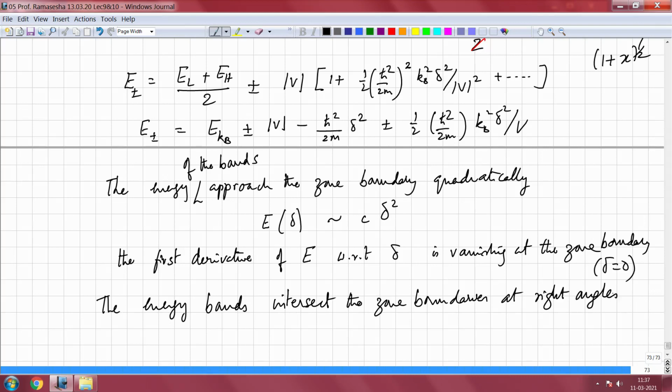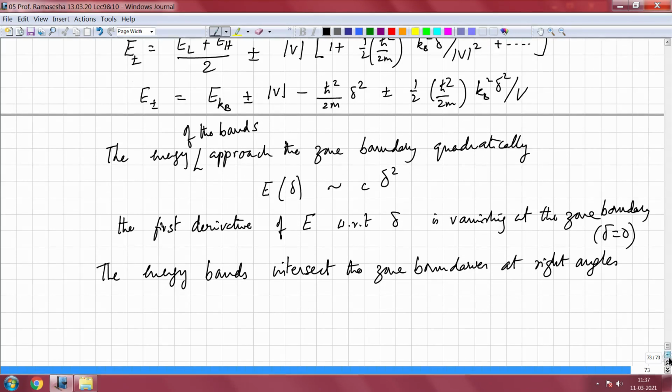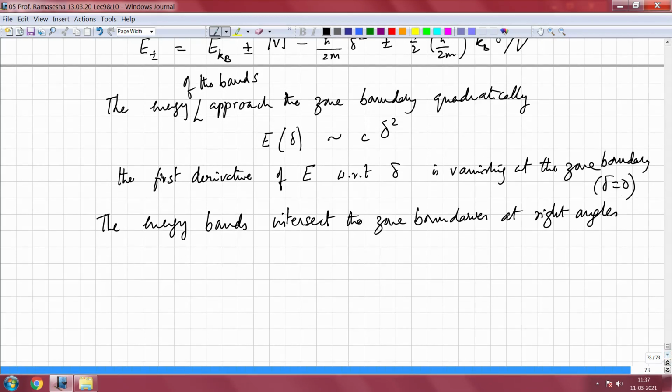So, this is one of the things that one can conclude from a nearly free electron model, and this also allows us to actually have what is called a periodic zone scheme, which I will discuss in my next lecture. I will stop at this point and we will continue again later. Thank you very much.